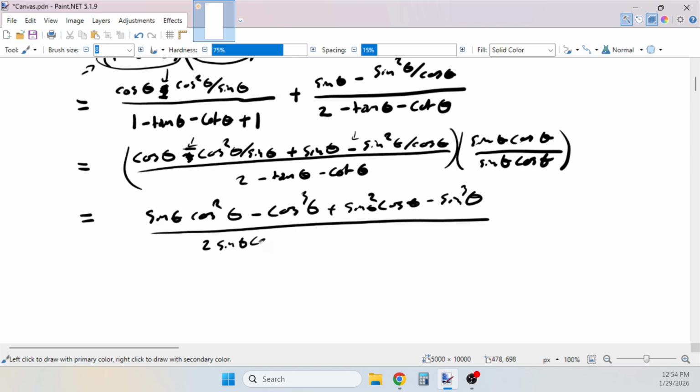On the bottom, sine theta cosine theta cancel, plus sine theta minus, and so on.